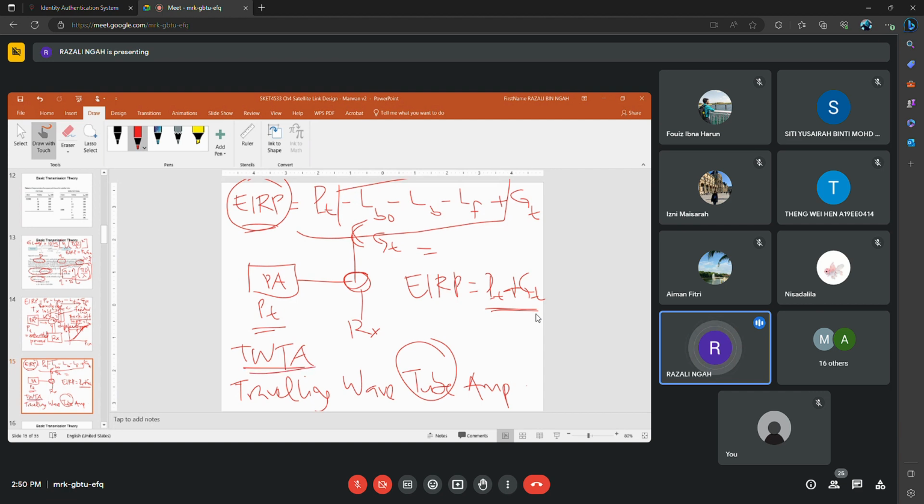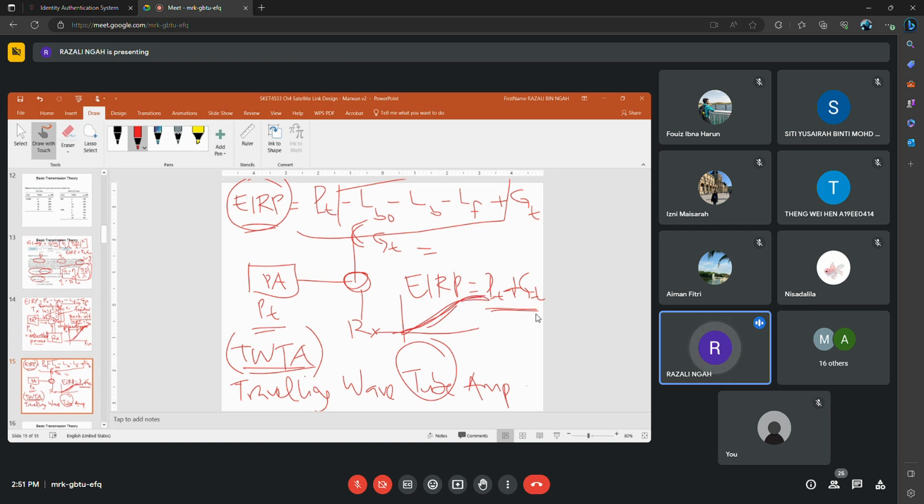In satellite communication we still use this type of amplifier because it has high gain compared to the latest technology, for example, solid state amplifiers. A solid state amplifier produces a lower gain compared to a TWT amplifier. So the power amplifier characteristic has a linear region and a non-linear region.